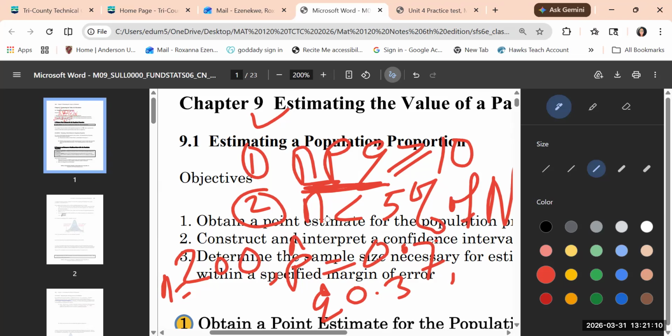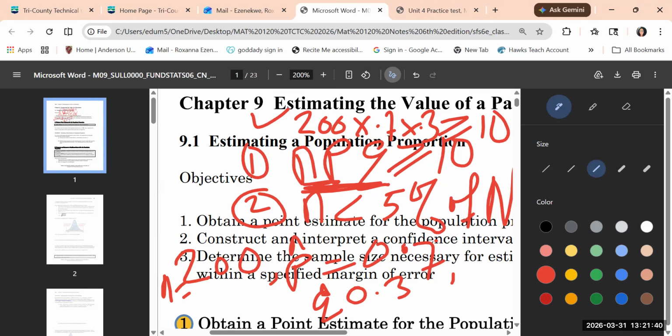So what does it mean? Does 200 multiplied by 0.7 multiplied by 0.3, is this greater than or equal to 10? Is the variance greater than or equal to 10? So what I'm going to do is get my calculator and multiply that.